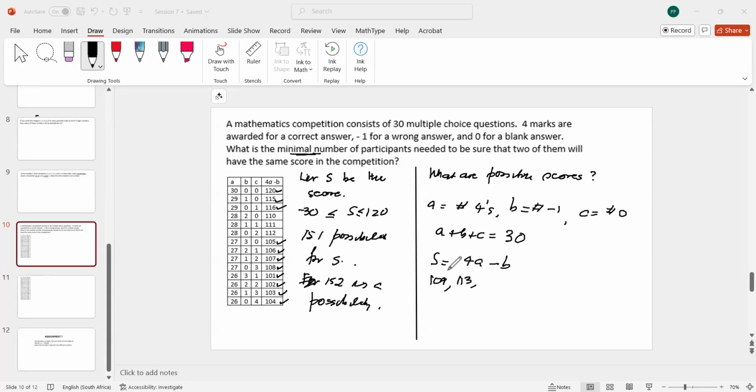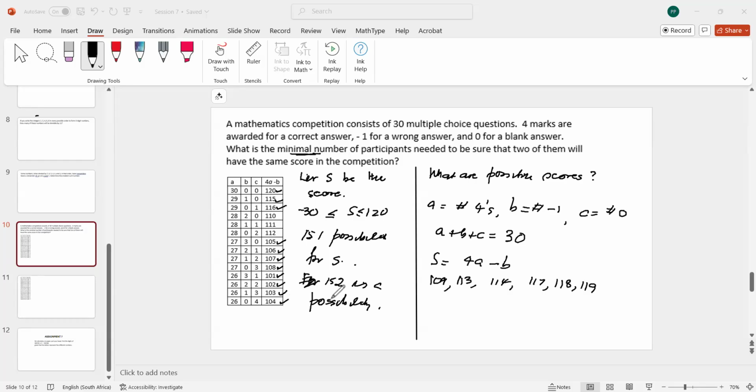Right? 114 is also missing. 115 is okay, and 116 is okay, but 117, 118, and 119 are all missing. See, they're all missing. But from this onwards down, everything is attainable.